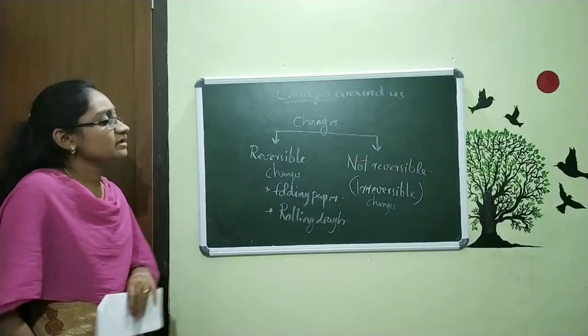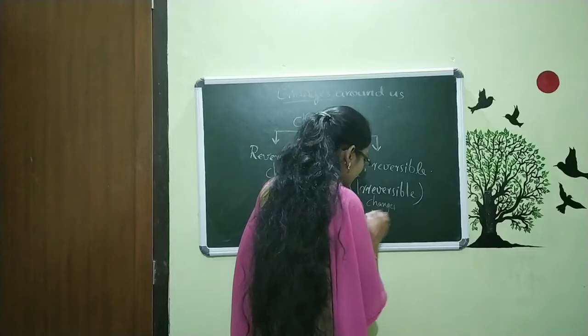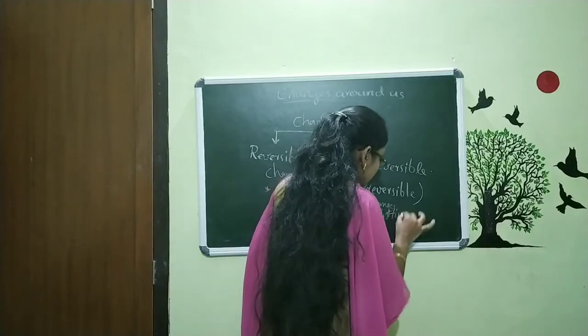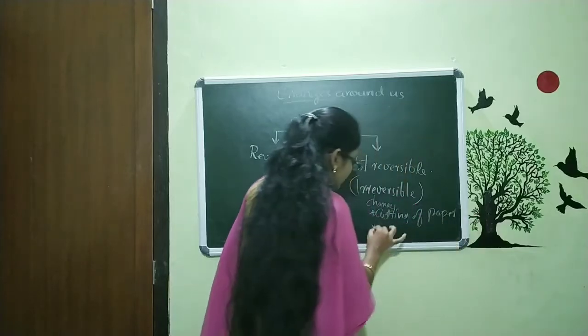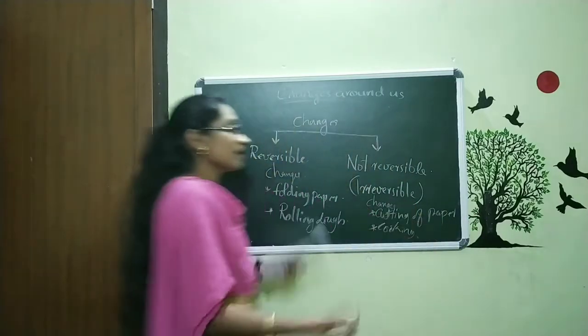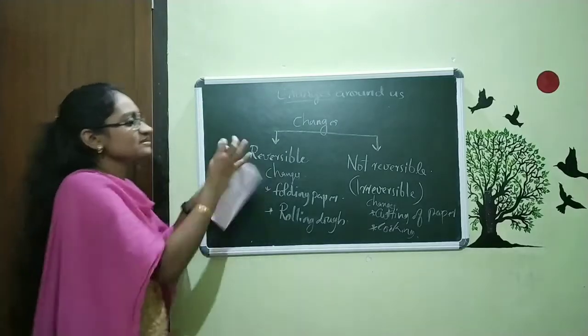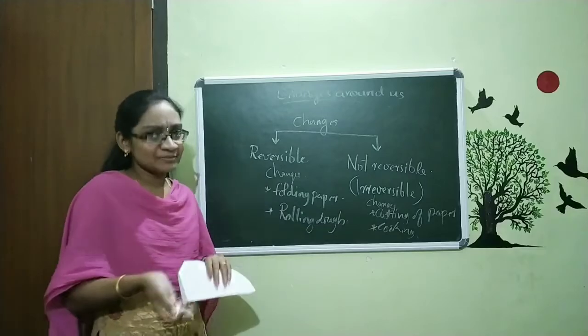And what about the irreversible change? Which are the examples? Cutting of paper, cooking chapati, etc. are irreversible changes. So these are the things we discussed in the last class and now we are continuing the same topic.